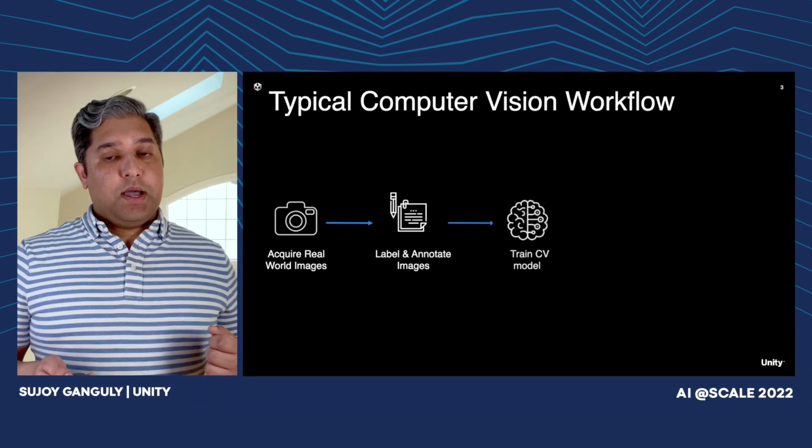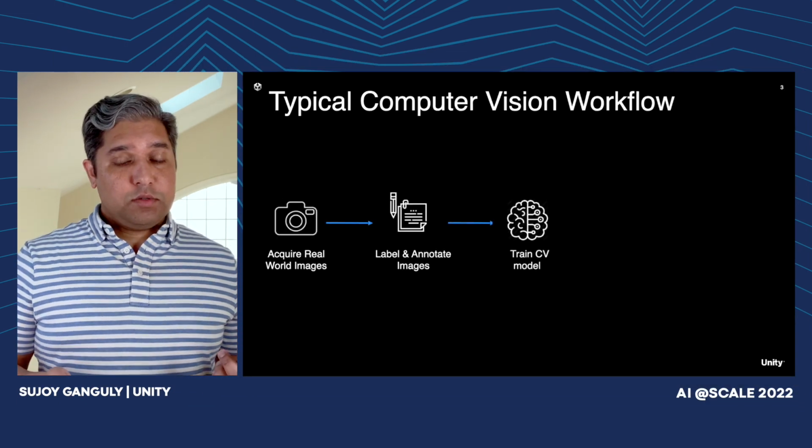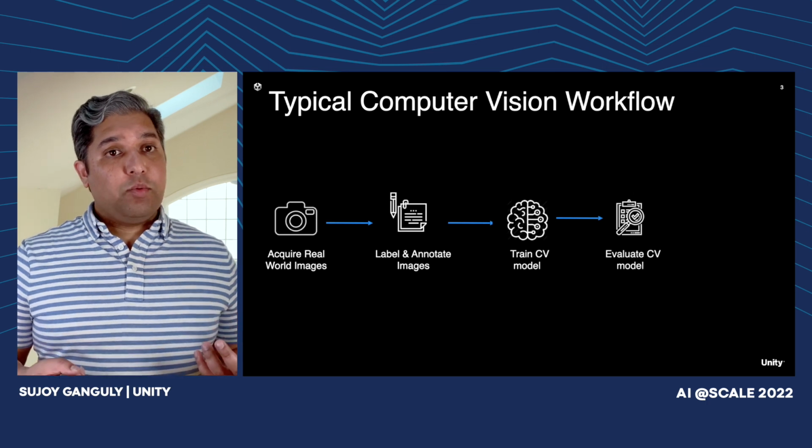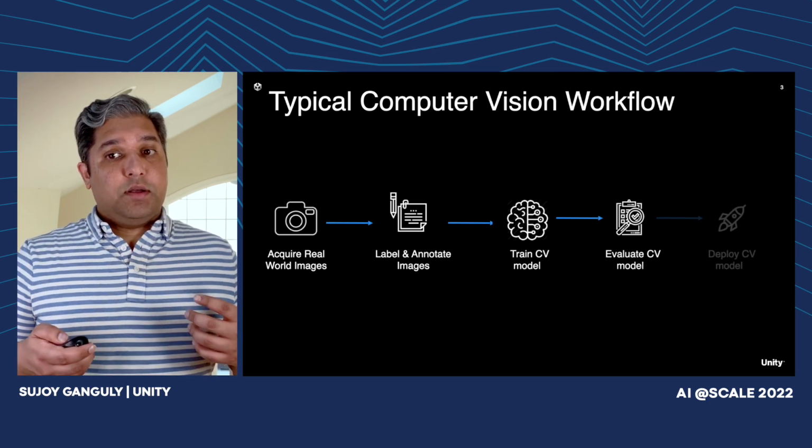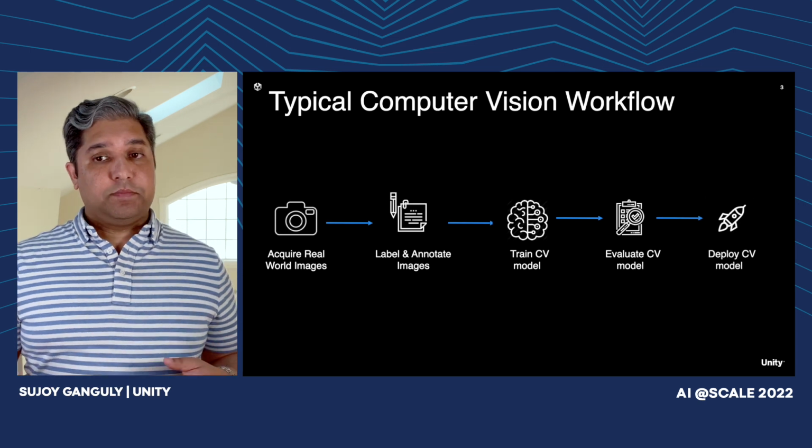So in a typical computer vision workflow, we acquire real-world images. We label and annotate them, often painstakingly. We then train our computer vision models. We then evaluate the performance of our models. And if they're good enough, we deploy those models to production.